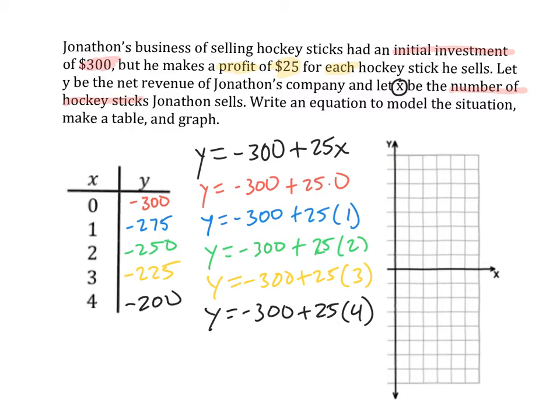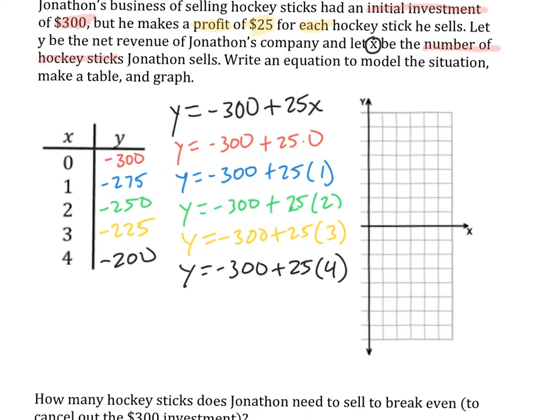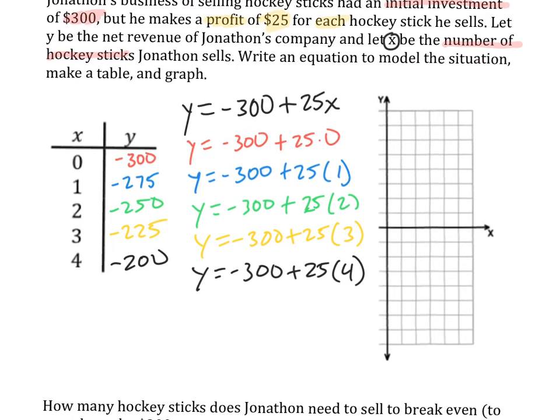Okay, so now we need to go over here and figure out what our graph will look like. So x is going to be the number of hockey sticks, but since we have some negative values here that go below the x-axis, I'm just going to write number of hockey sticks over here, and then y is going to be our total revenue.